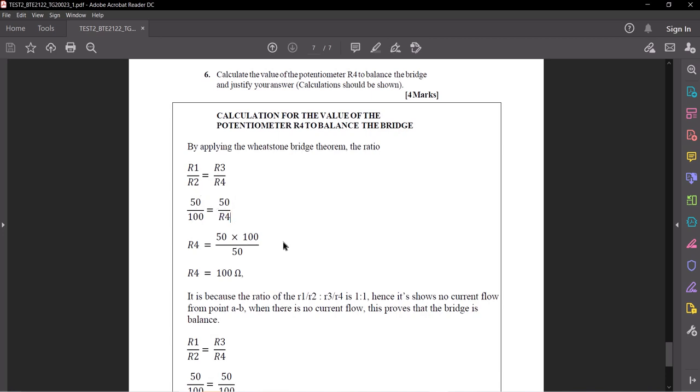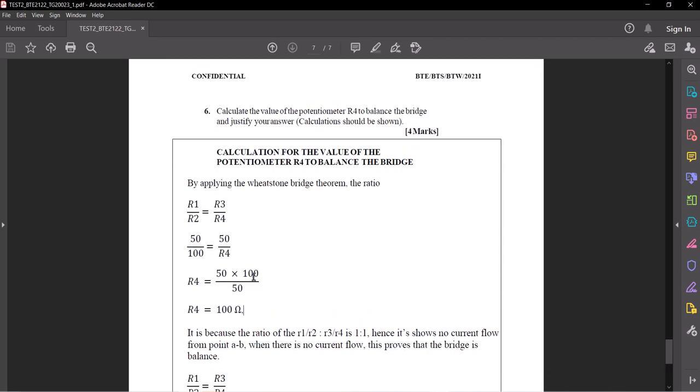So by multiplying in opposite, 100 times 50 and 50 times R4. So we get R4 equal to 50 times 100 divided by 50. R4 is 100 ohm.